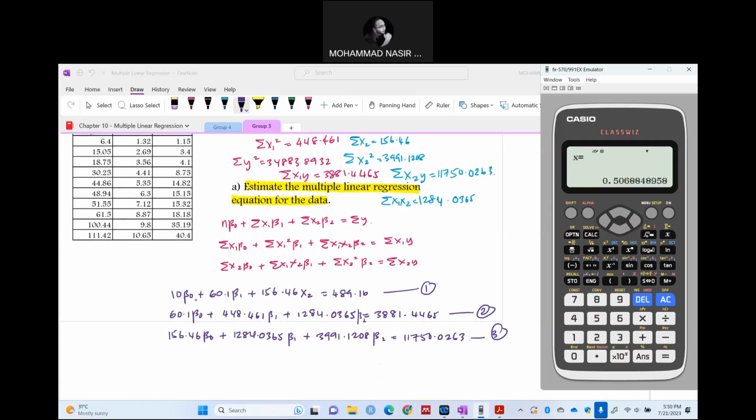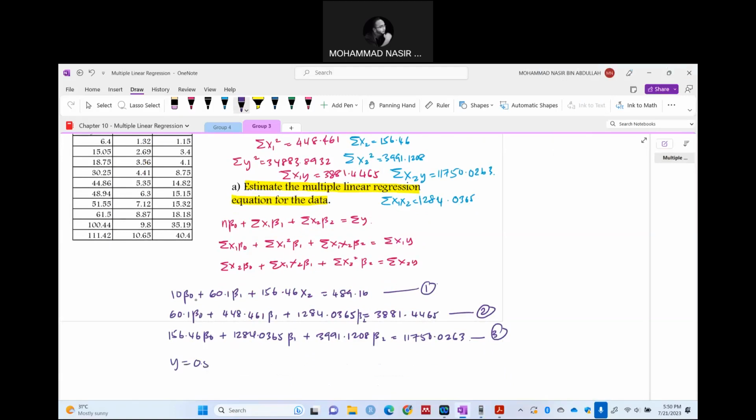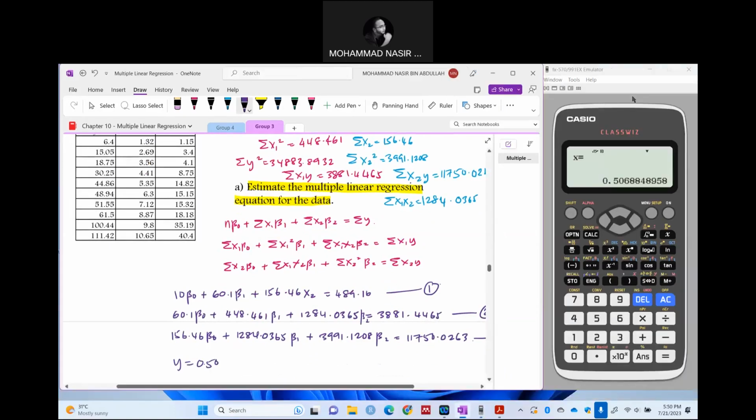Okay, so this is y equal to 0.50 69 lah, right? Plus 2.7220x1 plus 2.0484x2. So this is the regression equation.